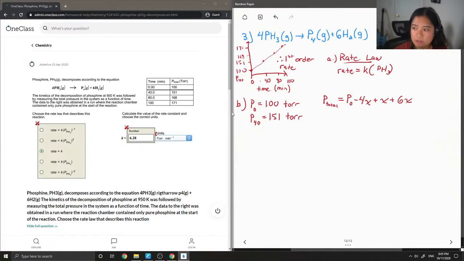And then we're going to add pressure that is from our products. So 1 is from this P4, and then this is from the 6H2. So then I can simplify this further: P total is equal to P initial plus 3x.